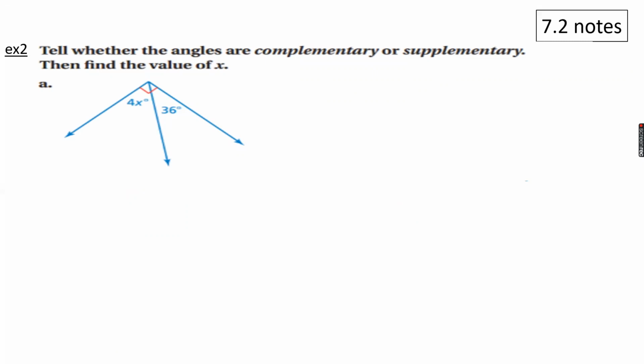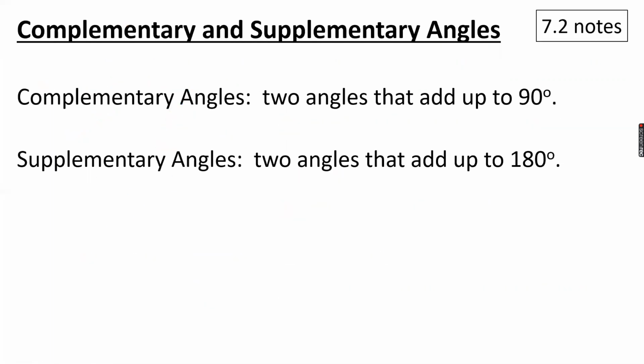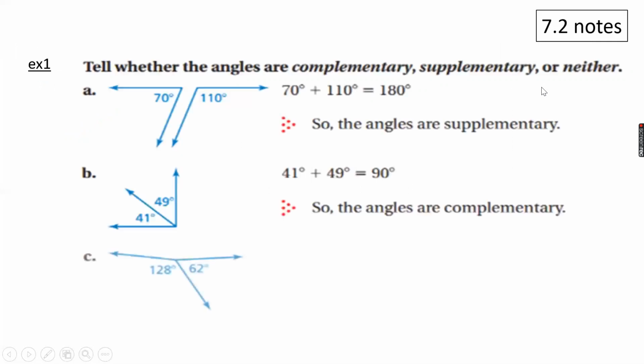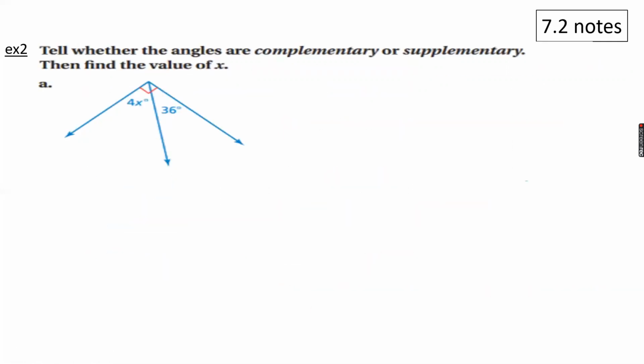For this one, we're going to tell whether the angles are complementary or supplementary, and then we're going to figure out the value of x. Right off the bat, when I'm looking at this problem, I know that this is going to be a complementary angle. Remember, complementary is that 90 degrees. I can tell that because it has that right angle sign right there.